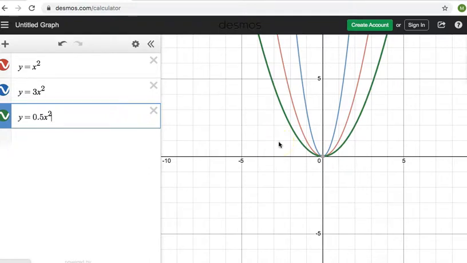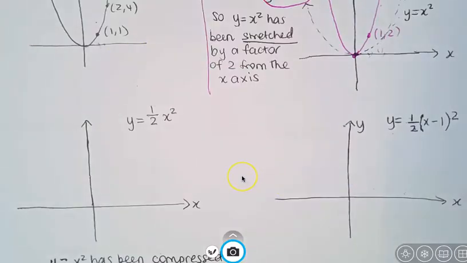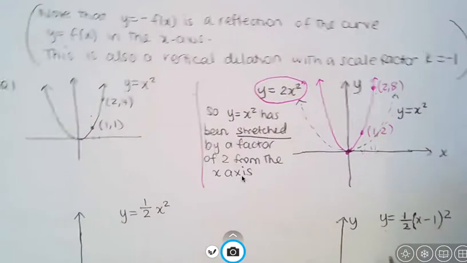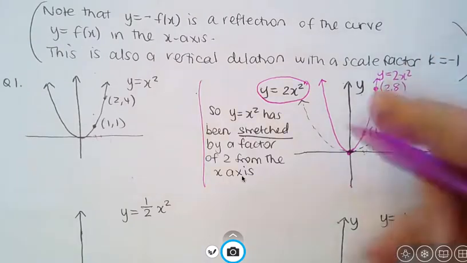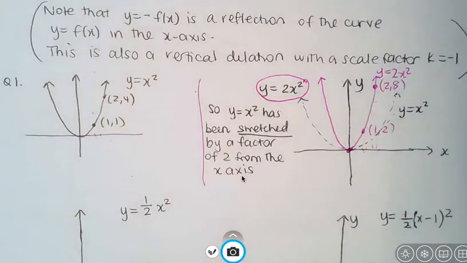It's been made wider. They use the wording from the x-axis, yes, from the bottom up. So y equals x squared is in black. Y equals 2x squared is in pink. It's been stretched away from the x-axis.